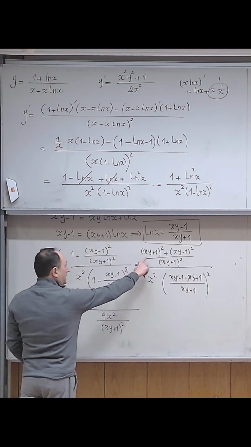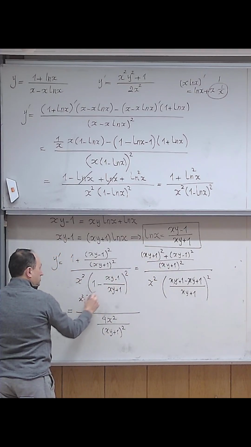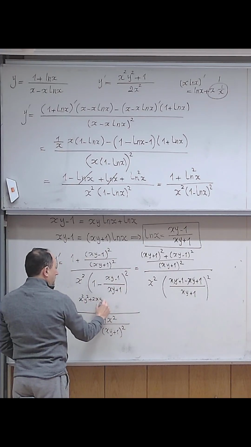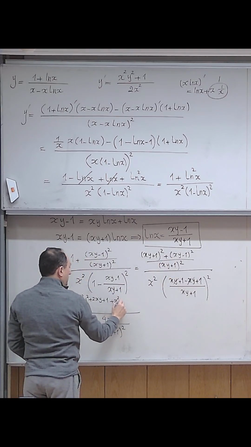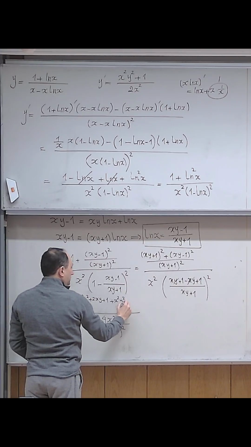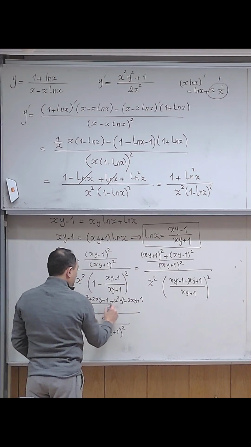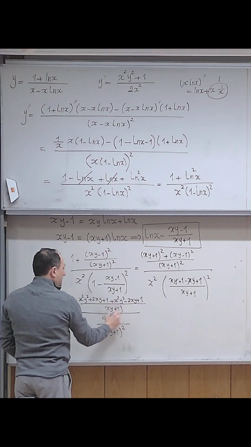Okay, and I start expanding this. The first one squared, 2 times the first one times the second one, the second one squared. I expand this one, it becomes x squared y squared, 2 times the first one times the second one, and everything divided by xy plus 1 to the power of 2.